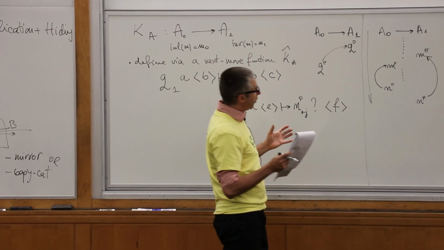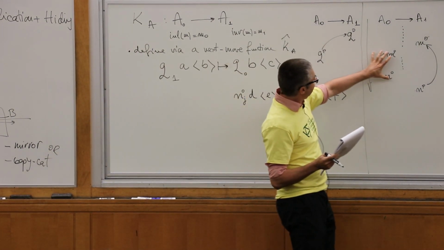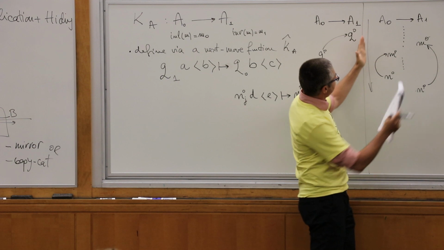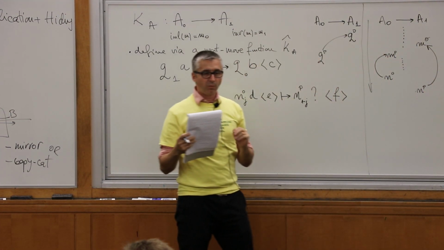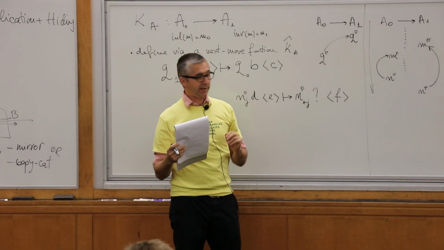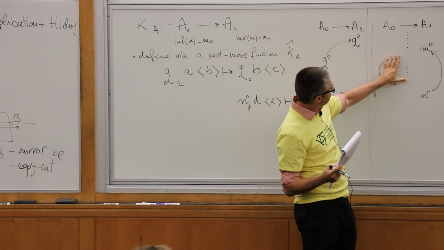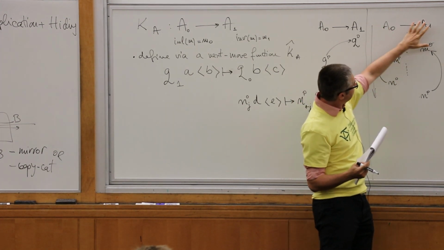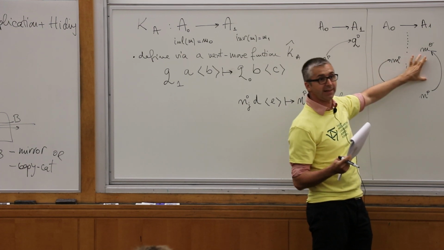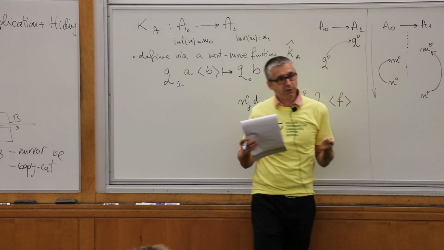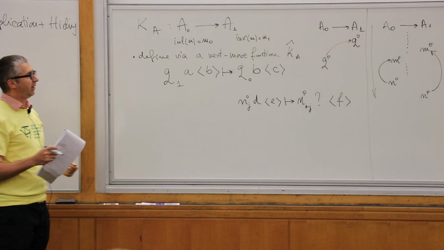It's just that you want this to be a copycat strategy in the sense that the behavior on the left, if I just restrict myself to the left, is the same as what happens if I restrict myself to the right. So you see, if I assign the pointers like I just said, if I hide the left, I get a play. If I hide the right, I get a play. And you can see that they are the same. And that's what I want to do. I want to get the same play on the left as the same play on the right.